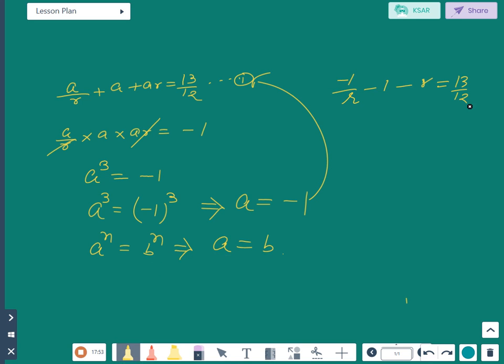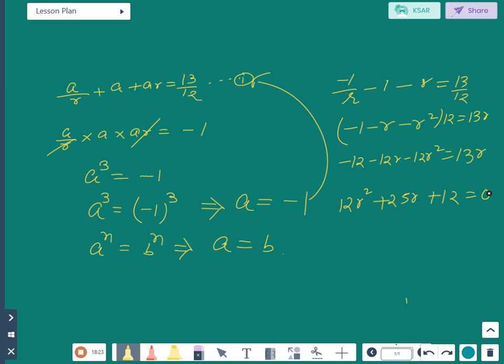Substituting a equals -1. Taking r as the LCM, we get -1 minus r squared, multiplied by 12, and 13 times r. Again you write -12 minus 12r squared equals 13r. Now we shift it from the left to the right, and it becomes 12r squared plus 25r plus 12 equals 0.